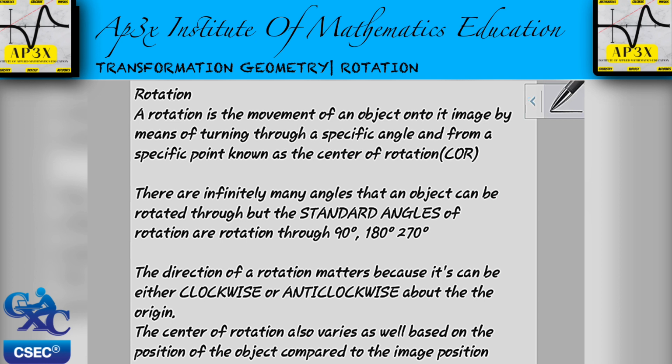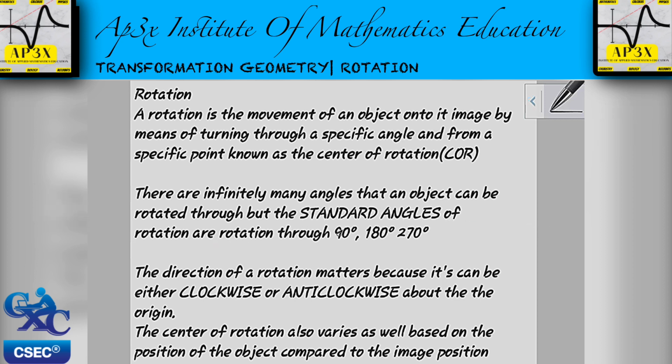For now, the rules that I'm going to show you are applied specifically when the object is being rotated from the origin. Though there are infinitely many angles between 0 and 360 degrees that an object can be rotated through, for the purpose of understanding, we have what are known as standard angles of rotation.